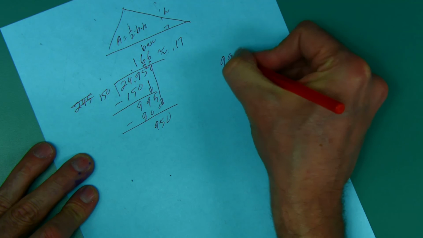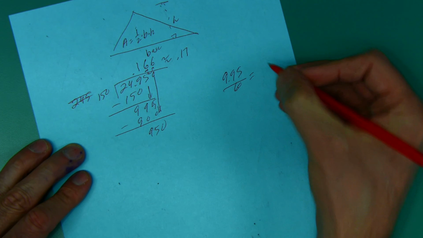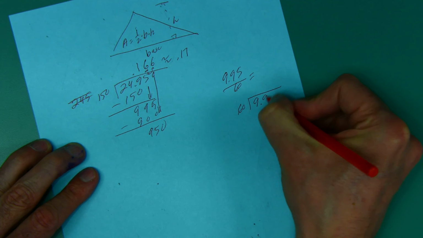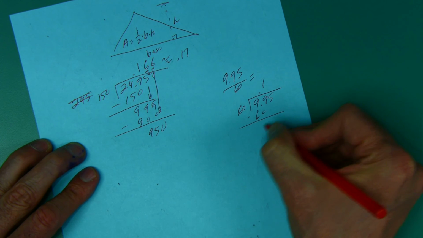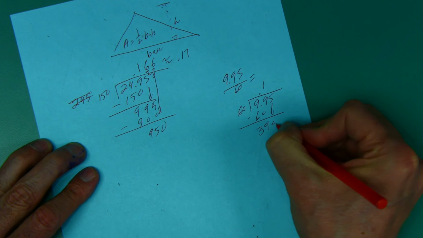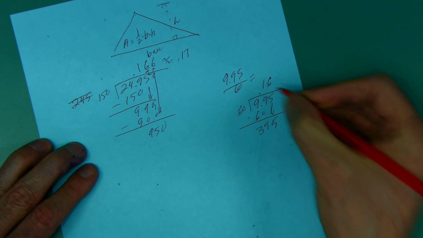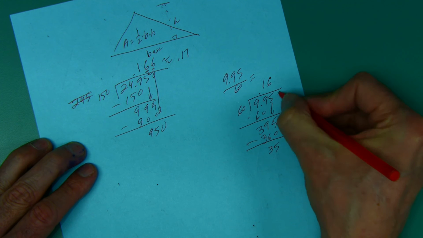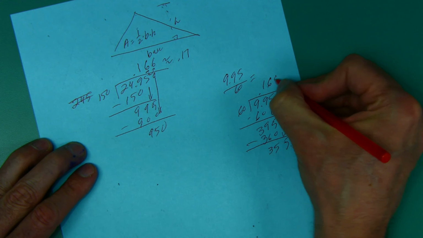Now we have $9.95 for 60 minutes. Okay, so I'm going to divide the bottom into the top. 60 into 9.95. Decimal comes straight up. 60 goes into 99 once. I subtract. 60 goes into 995 6 times, because that's 360. Add a 0. Now this is going to go 5 times, right?